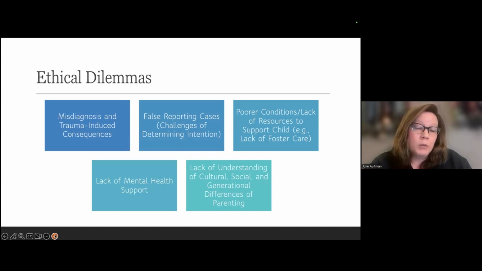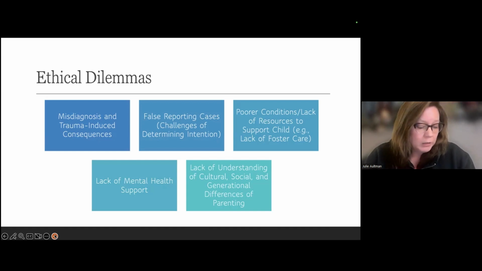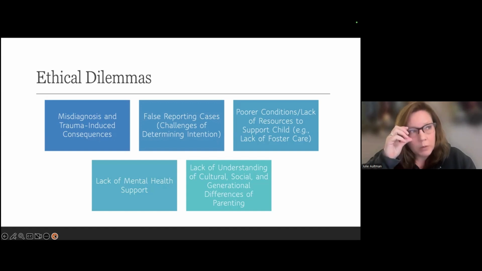The other issue is false reporting of cases, and this has been more interesting in my area, not so much from the child point of view, though the child ends up being the victim of this. I've seen healthcare professionals being accused, being reported to the state medical boards for a variety of things, including child abuse, child neglect of their own children, when in fact they may be going through a very nasty divorce.